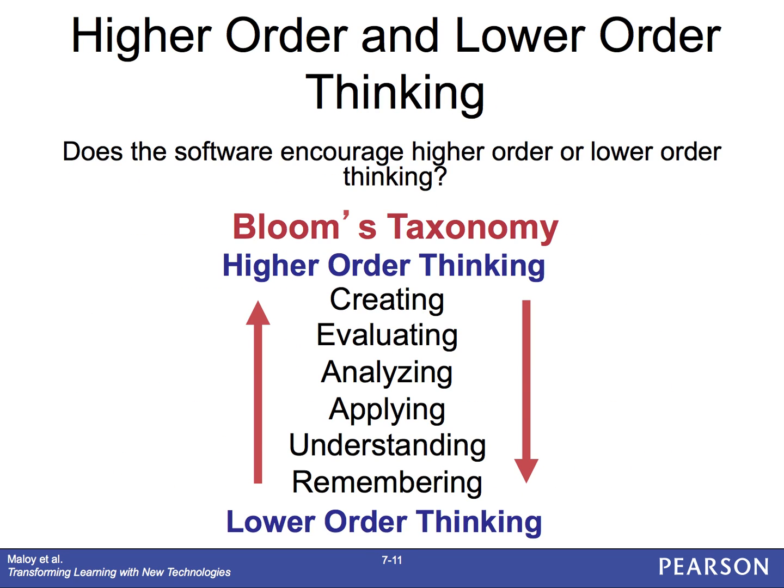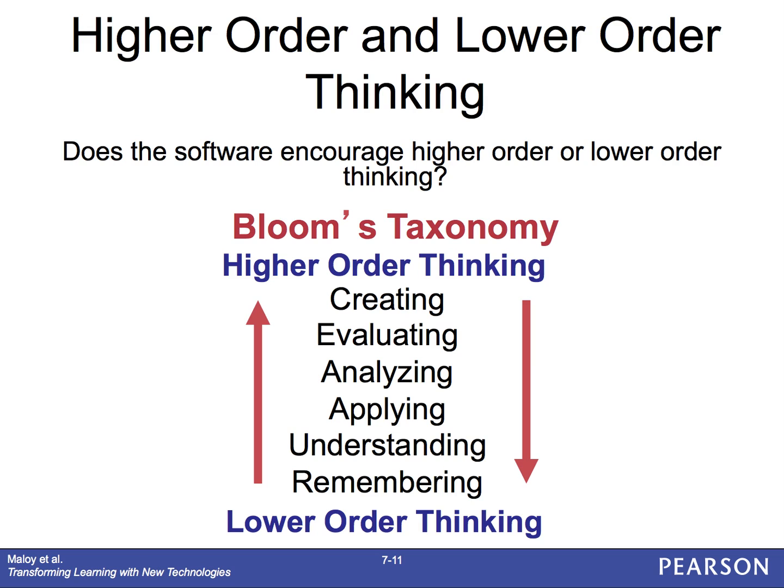Higher order thinking and lower order thinking. Does software encourage higher order or lower order thinking? So, Bloom's taxonomy of higher order thinking that we talked about in the lecture: we like to do creative evaluating, analyzing, applying.